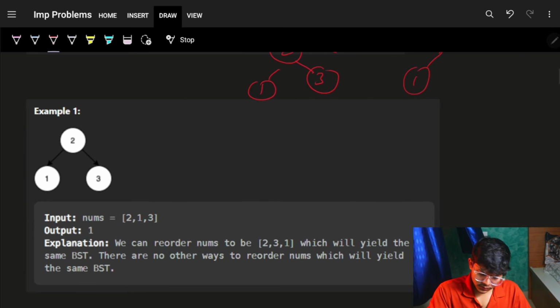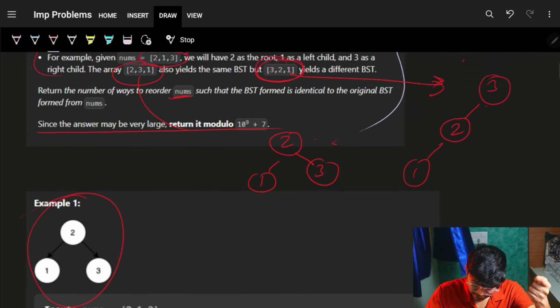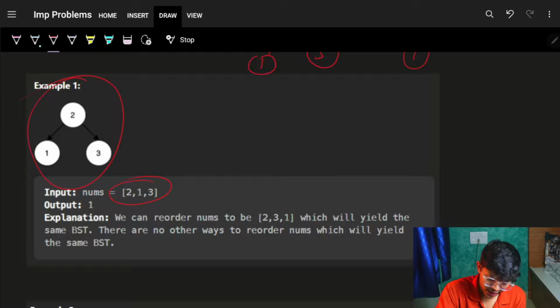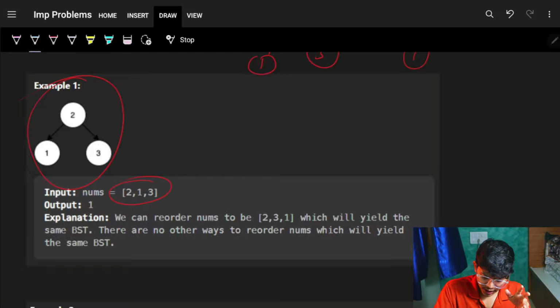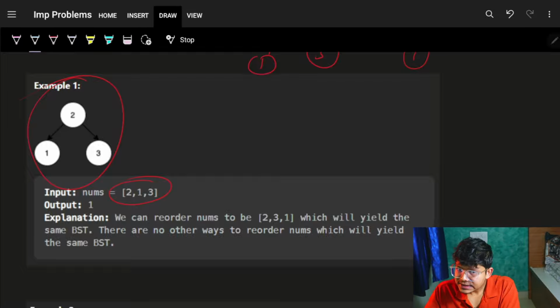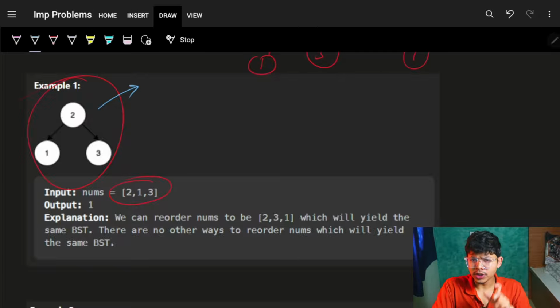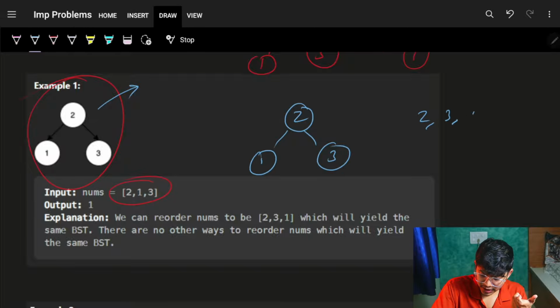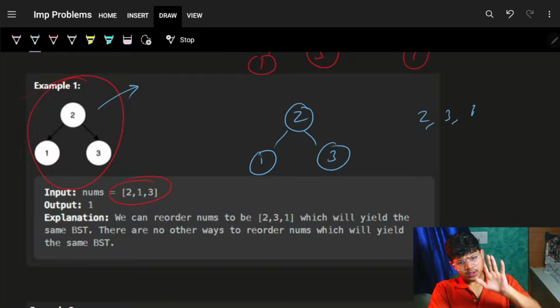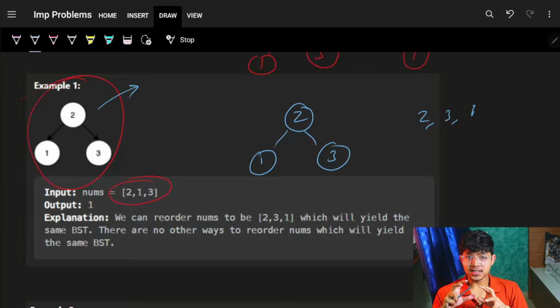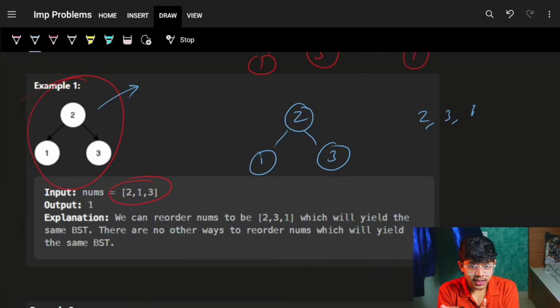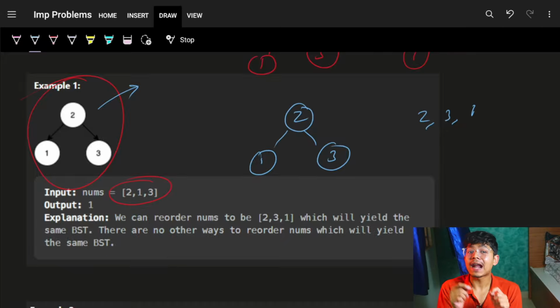This example we saw just above: we have the input 2 1 3. If we have to make the same BST as this, the only other option is 2 3 1. Now in these kinds of examples, you have to build a logic, and the intuition can only be grasped from the example itself.